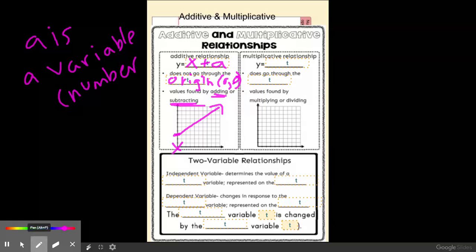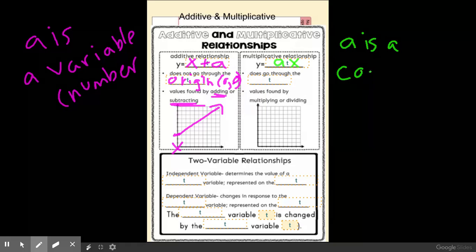For a multiplicative relationship, our relationship is y equals a times x, and this a this time is called our coefficient. And a coefficient just simply means that it's the number before the x, before the variable.